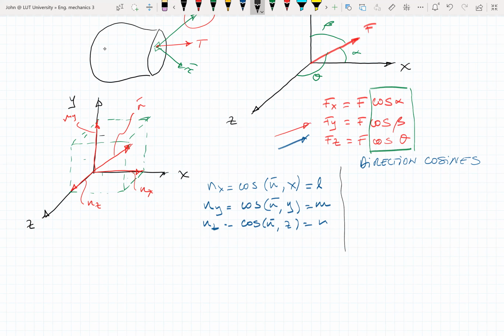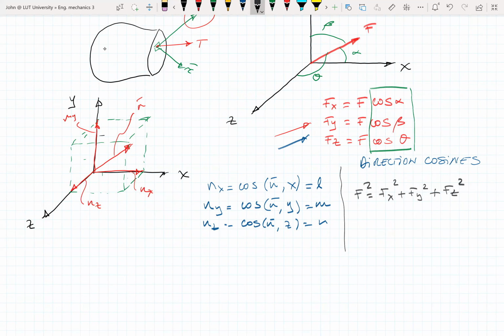That's going to be something like this. F squared equals the sum of the squares of the components. Again, fx squared plus fy squared plus fz squared.